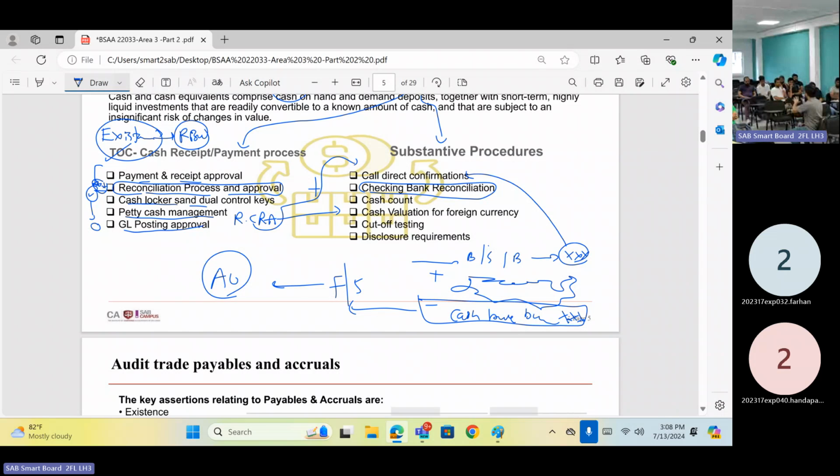Otherwise, you can't be a person who just refers to the standard, saying the standard says like this and that's what I'm doing. You should be a good translator of accounting. Okay, right. So then we can go forward.